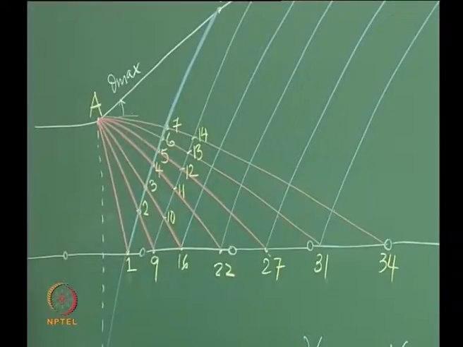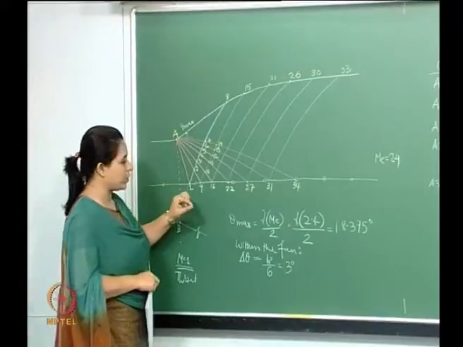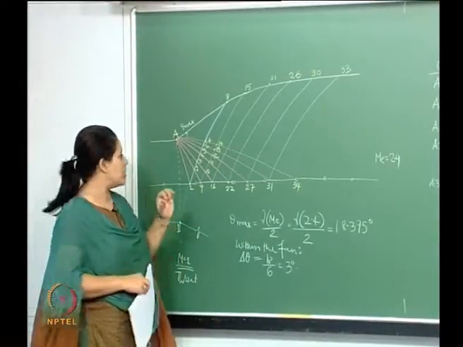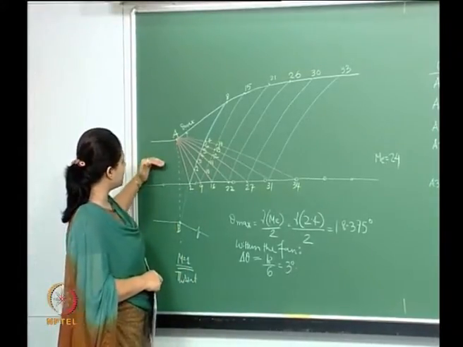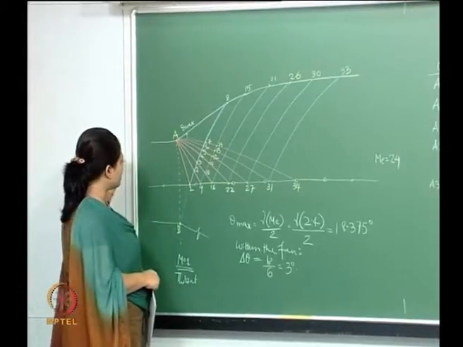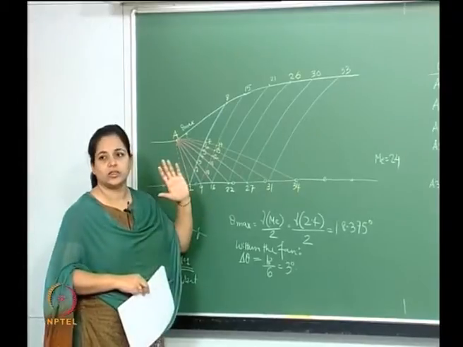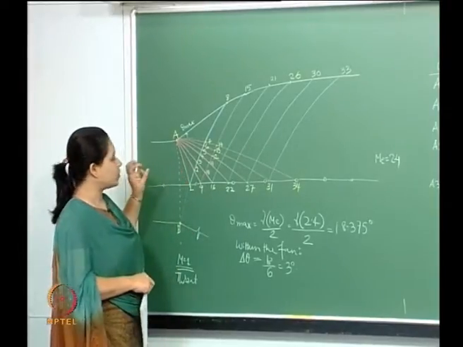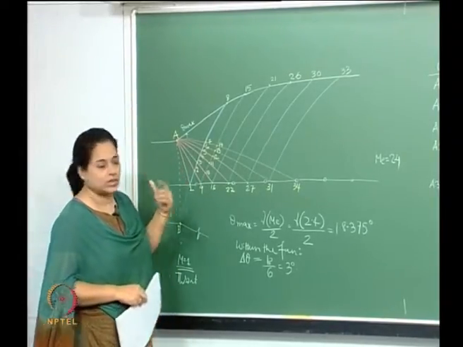Now look at this angle. This angle is like 0.375, which is nearly 0. So the flow which is entering here is sonic, so the Prandtl-Meyer function for that is 0, isn't it?